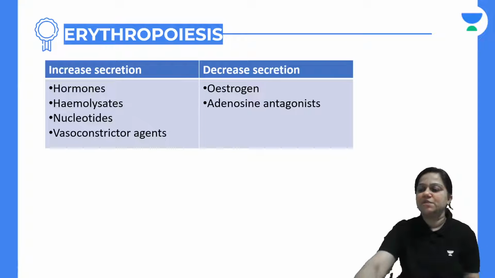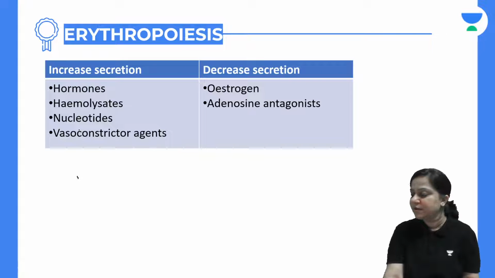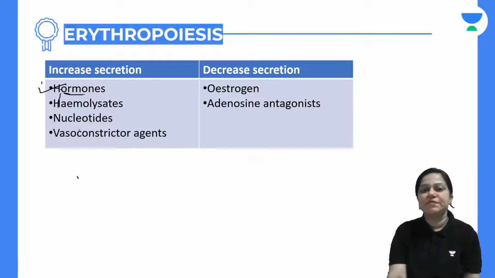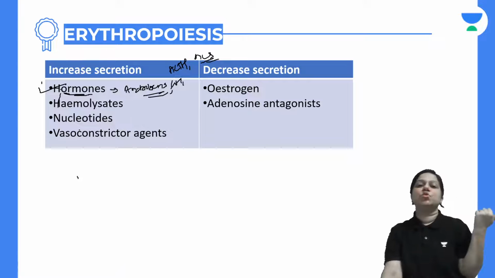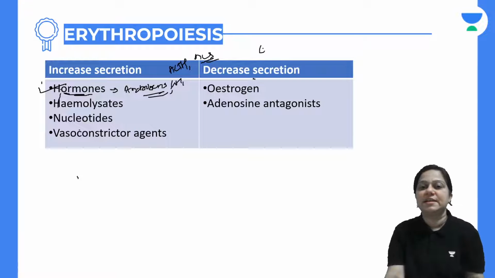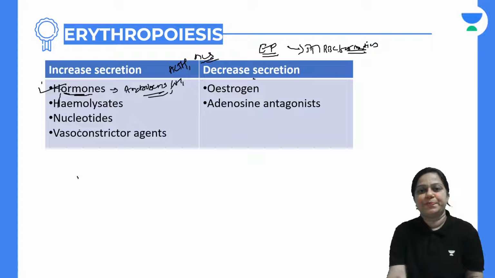Now, the different factors which can cause an increase or decrease in erythropoietin secretion. This is very important. Different hormones like androgens, thyroxine, growth hormone, adrenocorticotropic hormone, prolactin, and glucocorticoids all enhance erythropoiesis and increase erythropoietin secretion, which means more and more RBC formation, right?